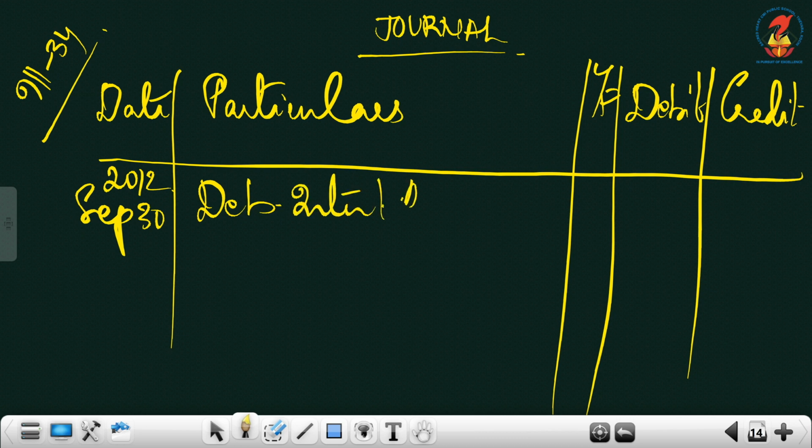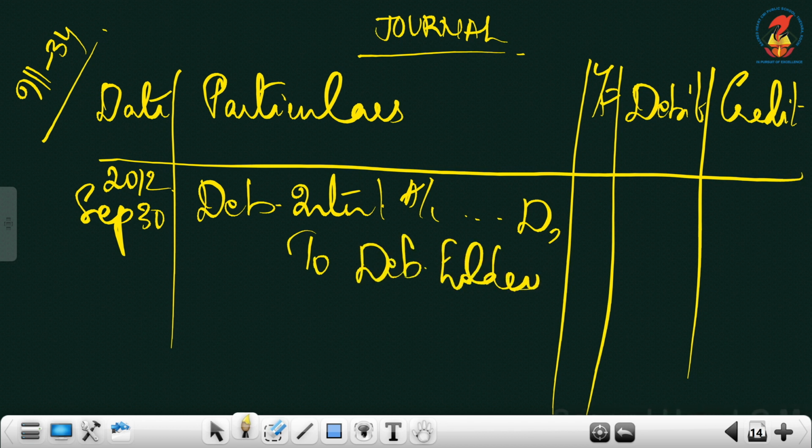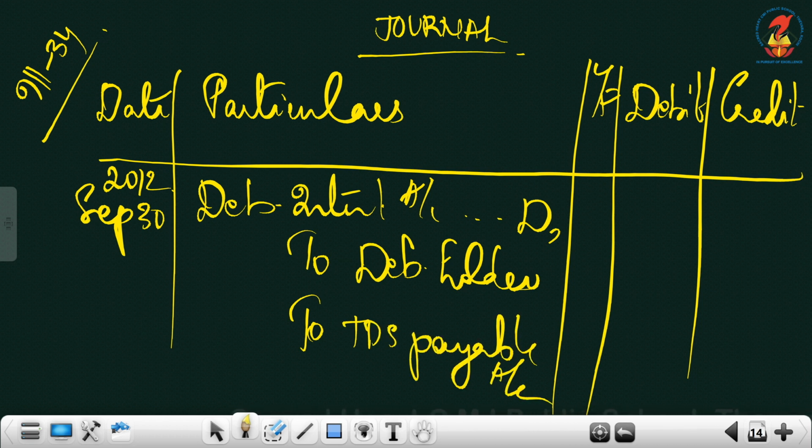Debenture interest account debtor to debenture holders, and there is one more item, to TDS payable. Amounts you must write very carefully.